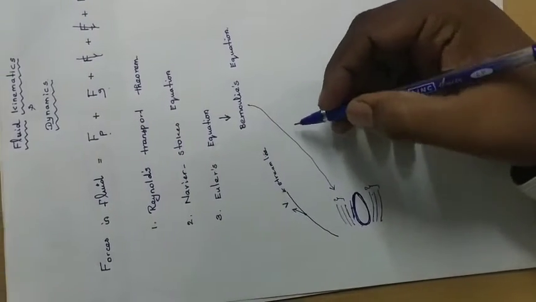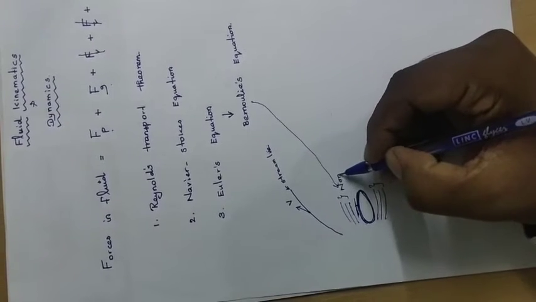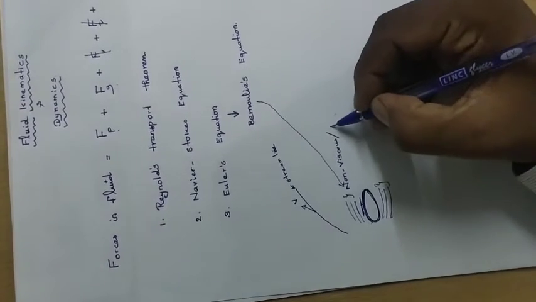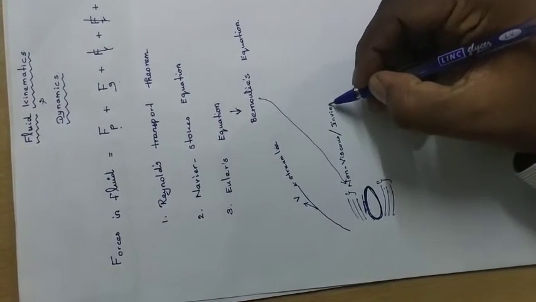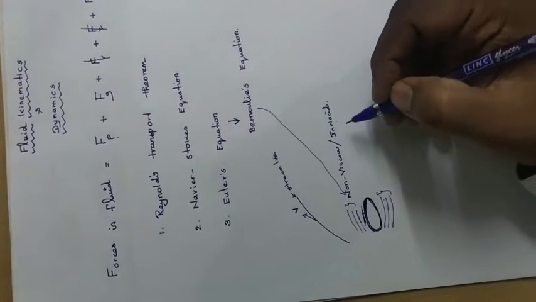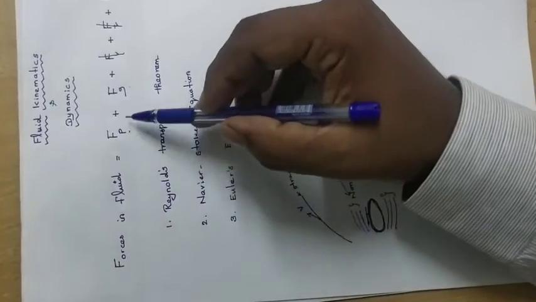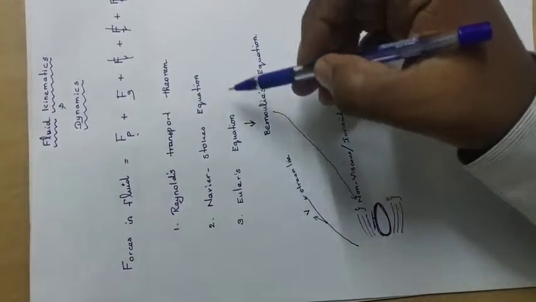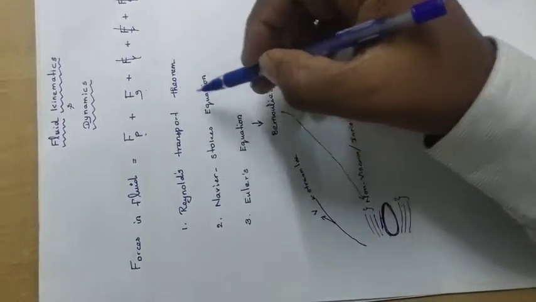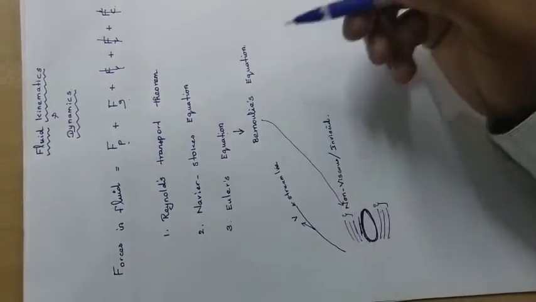Bernoulli's equation can be applied only to this kind of non-viscous, inviscid fluid flow region, right? So only pressure force and gravitational force will be applied in Euler's equation. So from the Euler equation only we will get Bernoulli's, right?